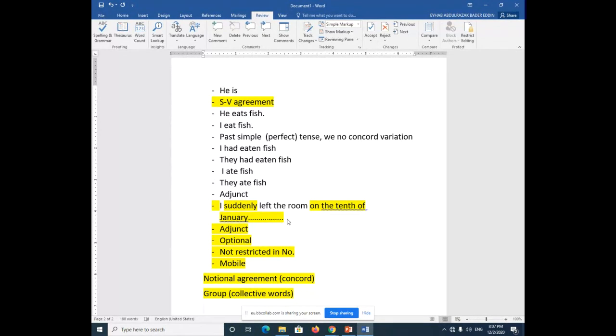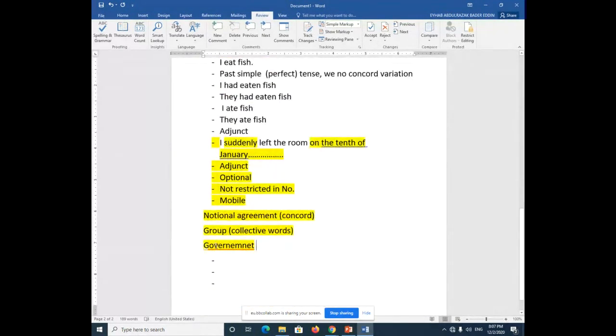Like for example, government, administration, team. Okay, all these words are considered to be collective nouns or group nouns, and with them we can say is or are.